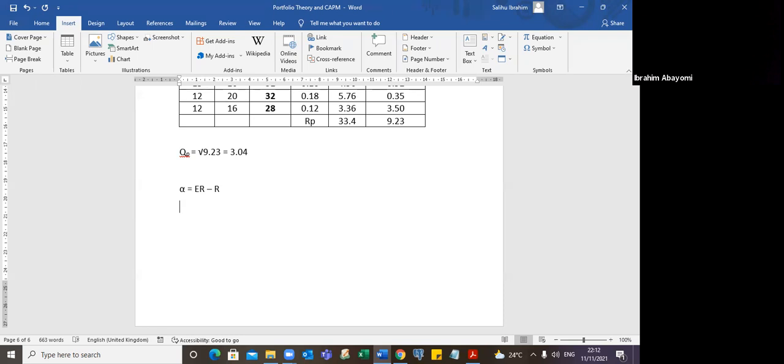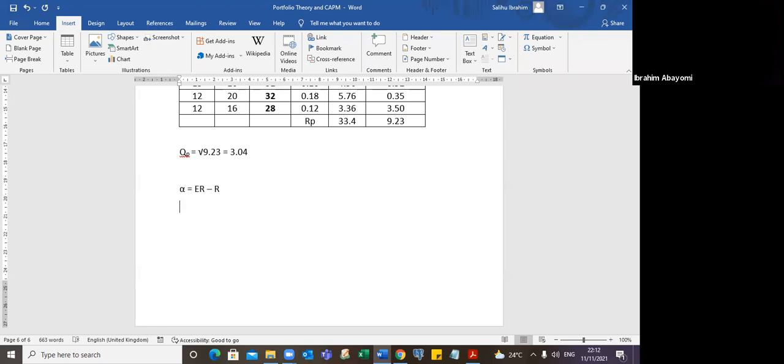Alpha value is used by investment bankers to identify what security, let me say shares in this case, should be bought, which share should be sold, and which share should we retain. So 3 different decisions. Alpha value can be used to decide on the share to buy, the share to sell, and the share to hold.